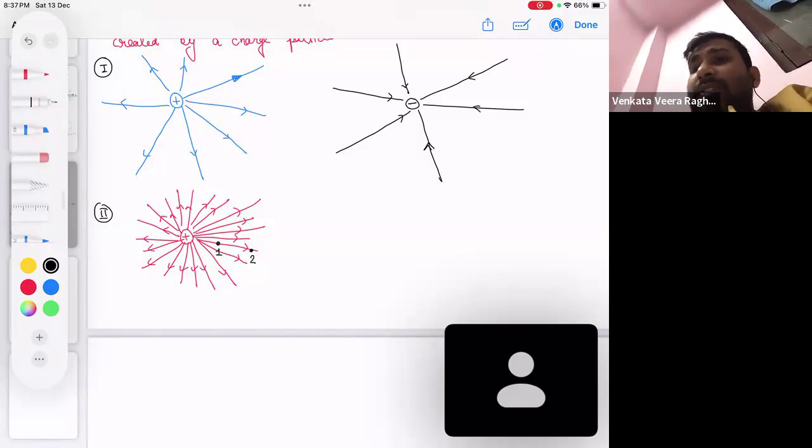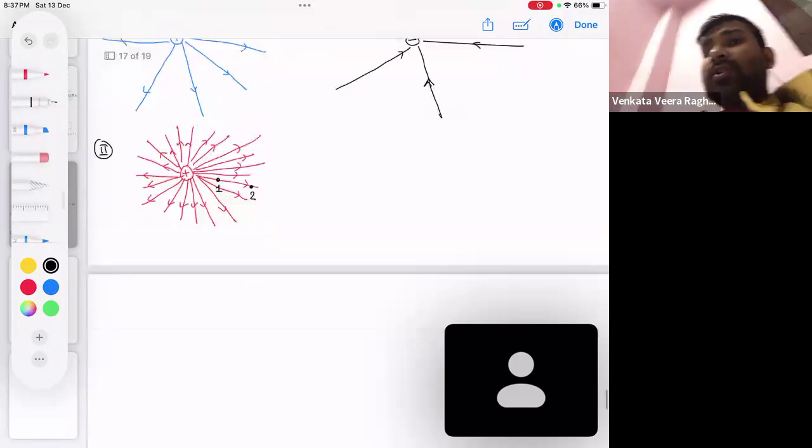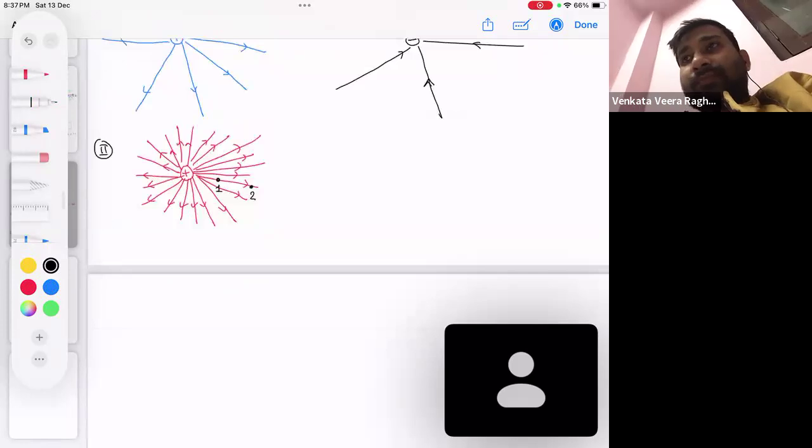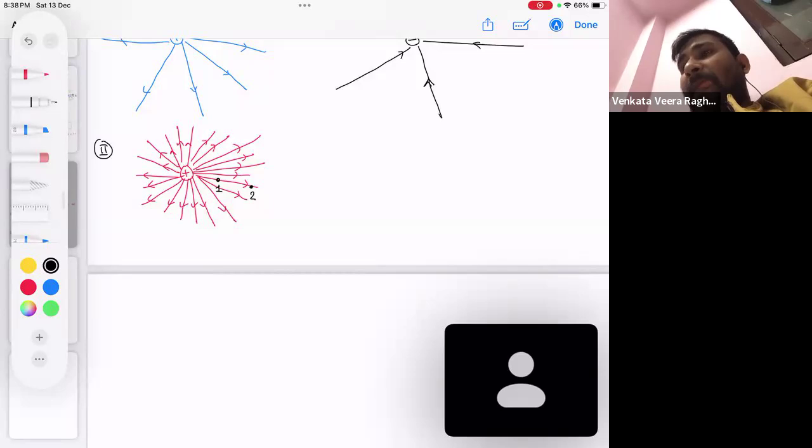Can you tell me at which point the field is stronger, 1 or 2? It is a point charge, and I want to know which point has the stronger field. Point number 1 or point number 2? Can you answer it?